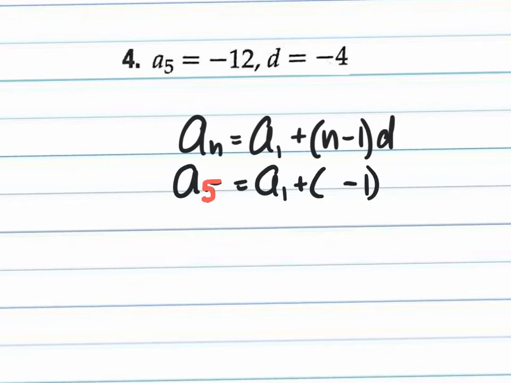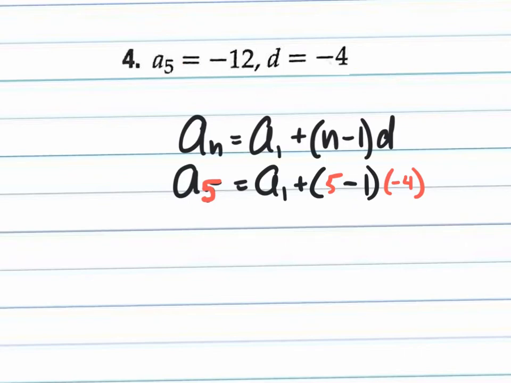Now, instead of me writing n, well, we know that this n got replaced with this 5, which means that the n is supposed to be replaced with 5. Okay, and we do have this common difference over here of negative 4, so that d is going to get replaced with negative 4.